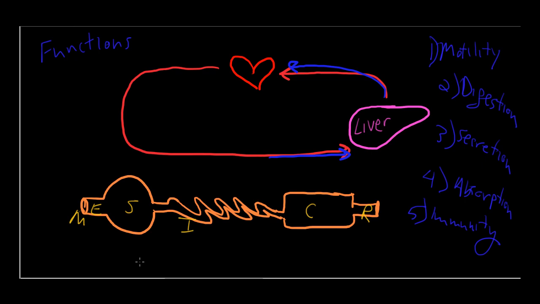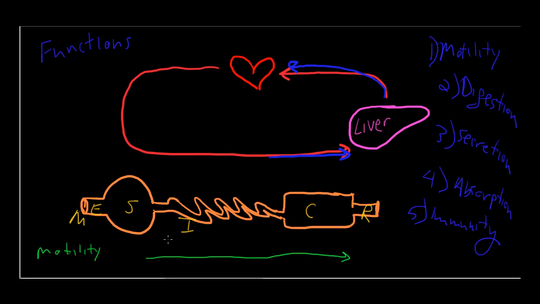This can be driven by maybe gravity, but the majority of it is driven by muscles, and particularly the generation of a pressure gradient. So we have food entering the mouth, passing through the esophagus, stomach, intestine, and colon, and then exiting through the anus.